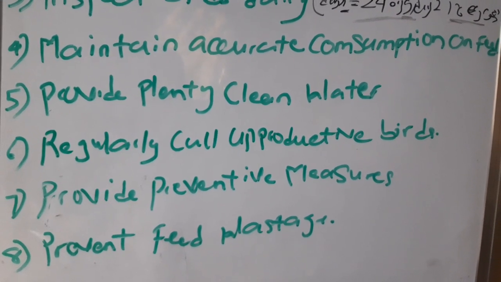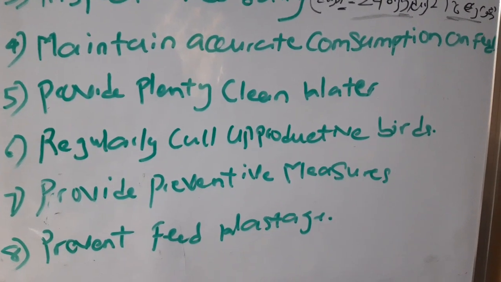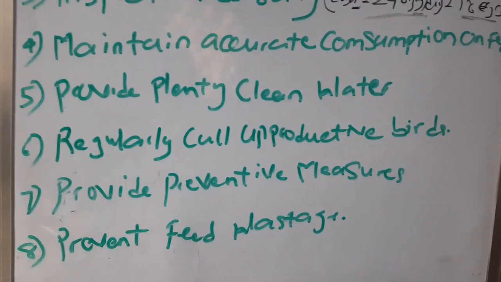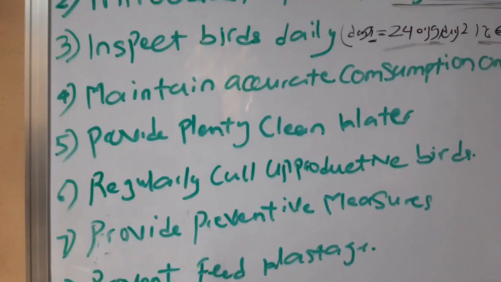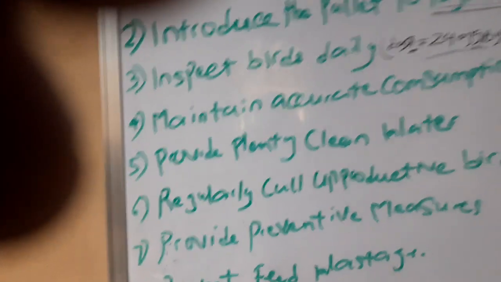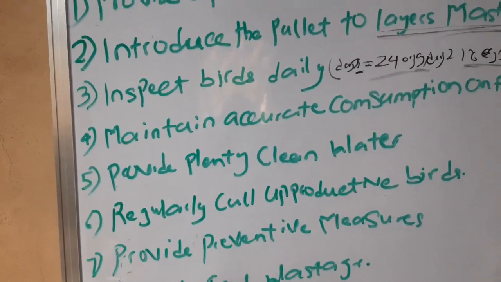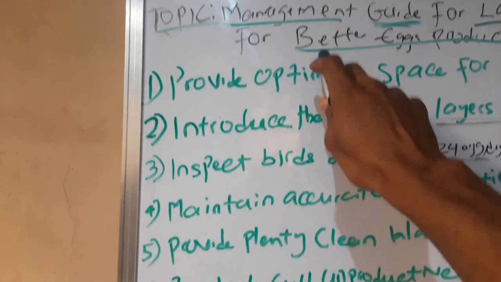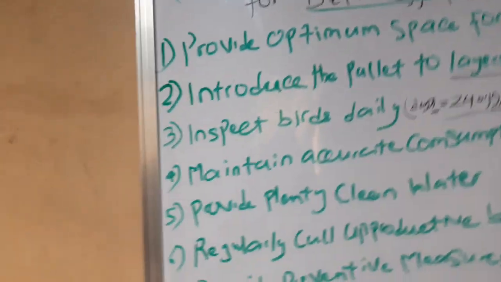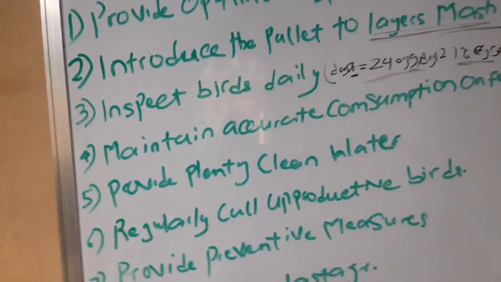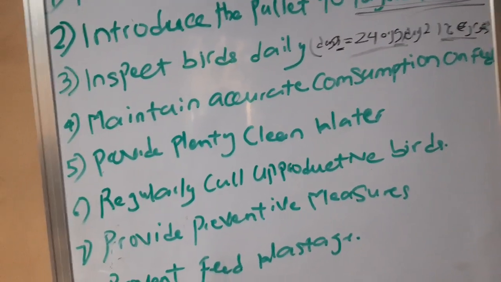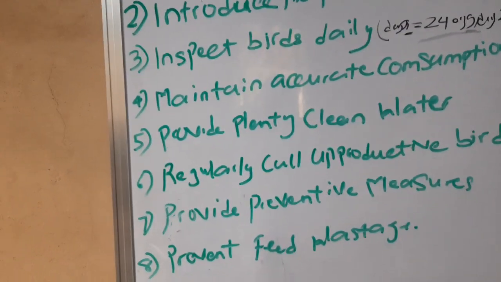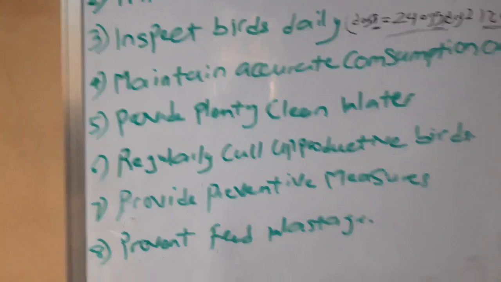I said maintain accurate records of feed consumption, egg production, and disease control measures. You have to make sure you manage and maintain all those things to ensure better egg production. You have to make sure that the disease control and medication are well given, just to make sure your egg production doesn't drop.